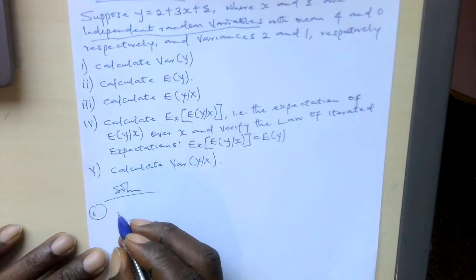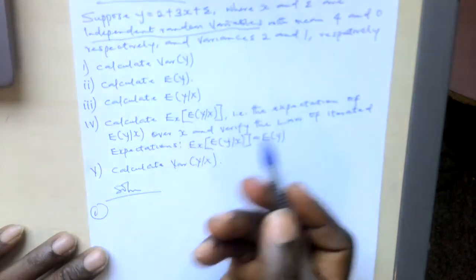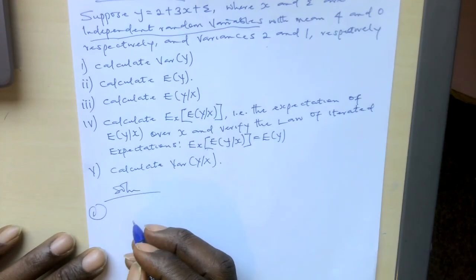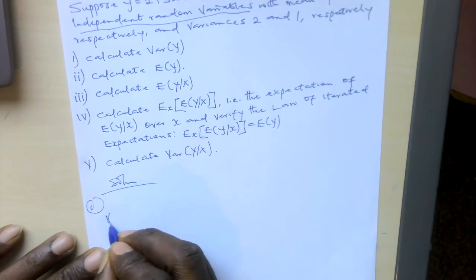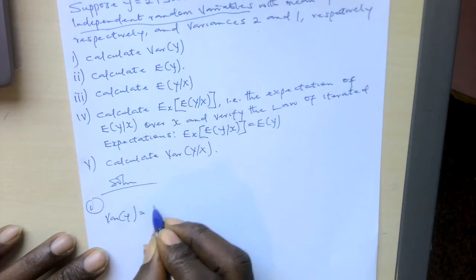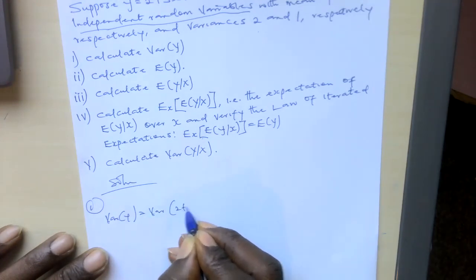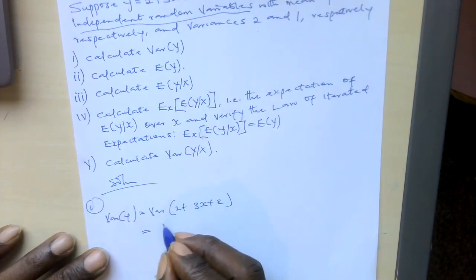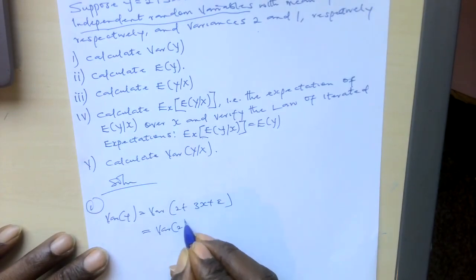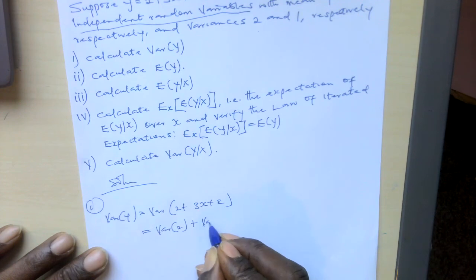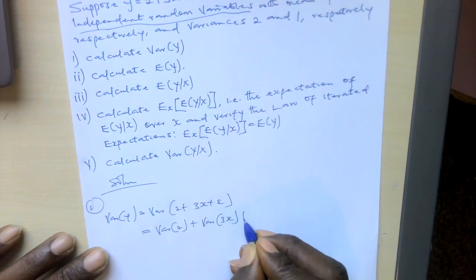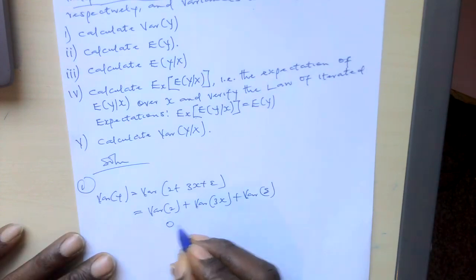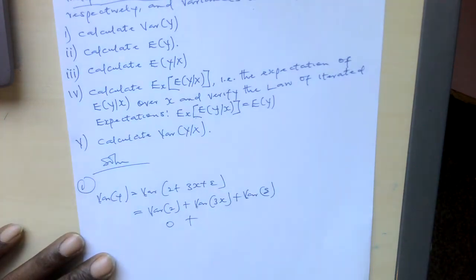So now, solution. For 1, the variance of y is, this is y, right? So just find the variance of y. So we have variance of y equals variance of 2 plus 3x plus error, right? The variance of 2 plus variance of 3x plus variance of error. So variance of 2 is what? 0, the constant, right? Variance of a constant gives 0.